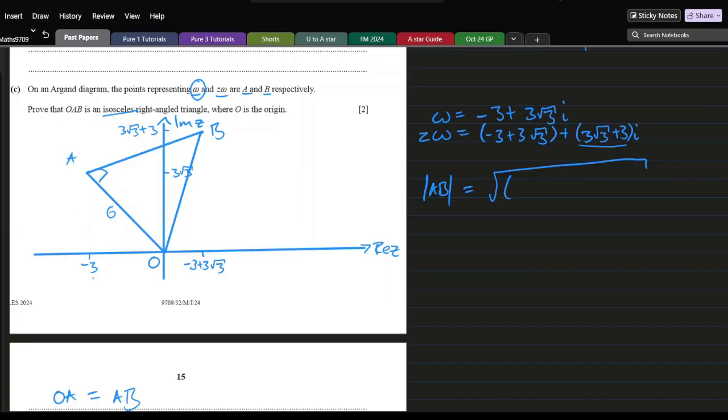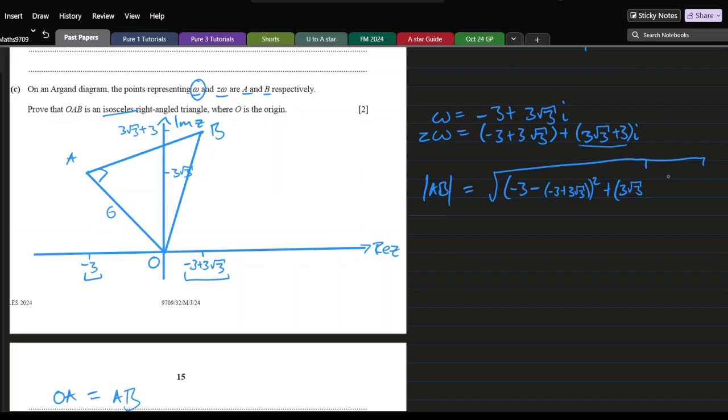For A, that's minus 3 minus the x coordinate at B, which is minus 3 plus 3 root 3, and this is squared. I'm just using the formula for the length of a line, plus the y coordinates, or the imaginary coordinates in this case. For A, that is 3 root 3.